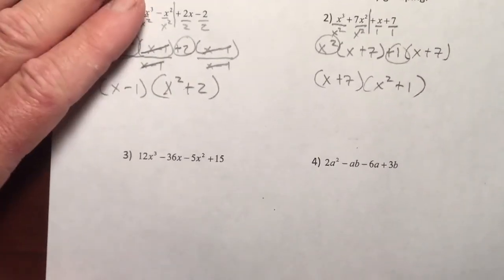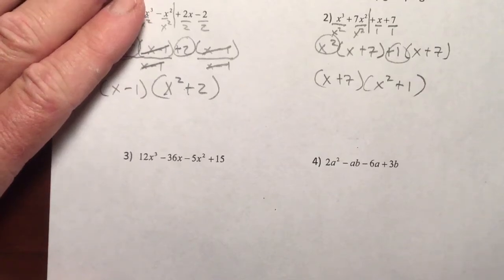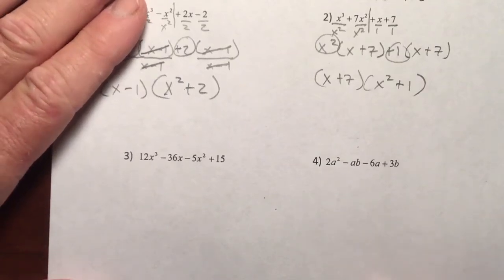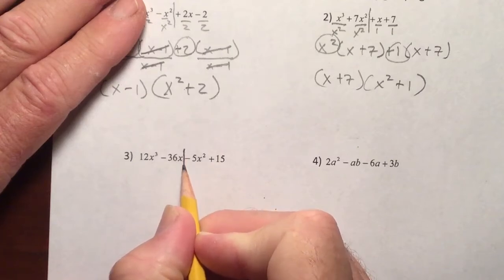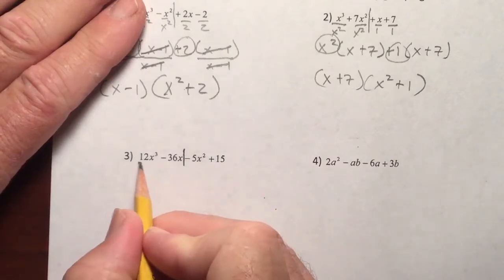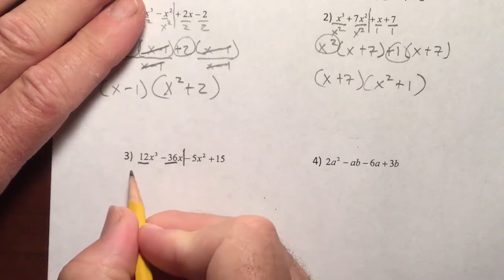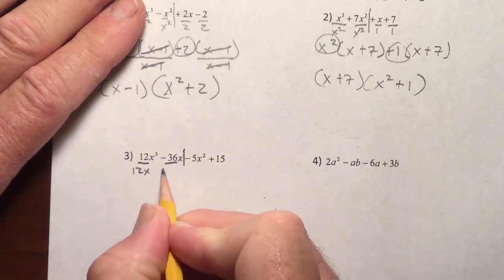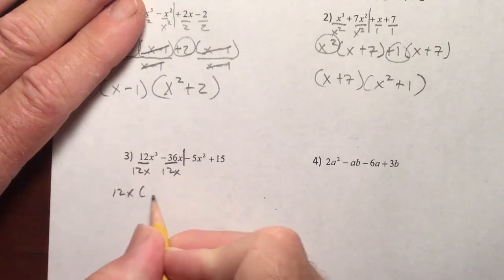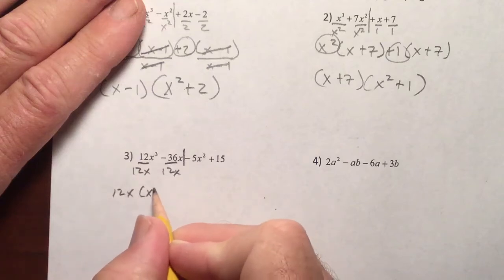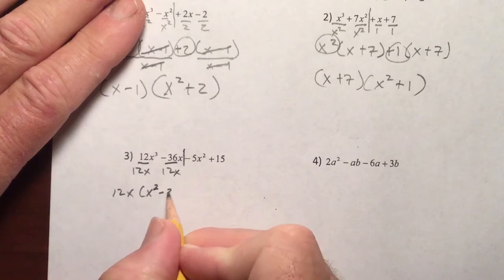All right, so let's look at this one here. We're going to do the same thing. There's not a GCF here. I'm going to factor out 12x. So you factor out 12x, that's going to leave you with x squared minus 3.